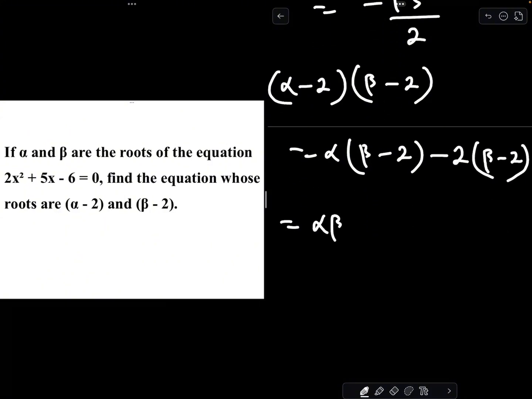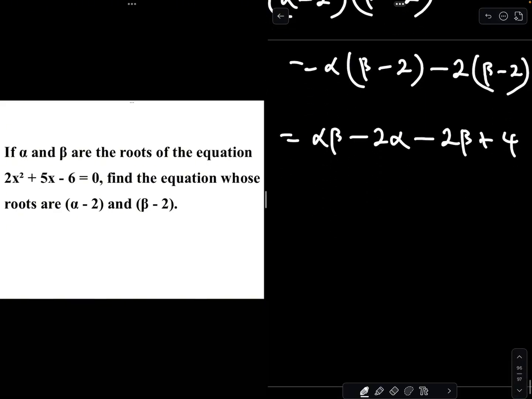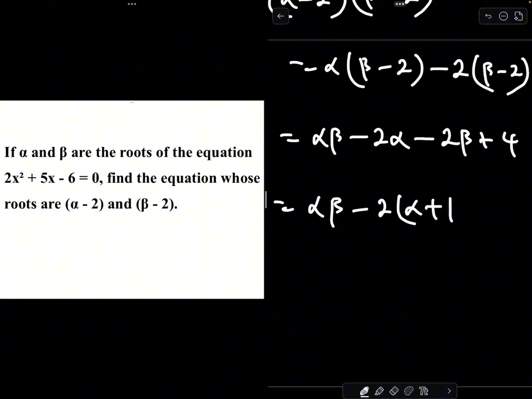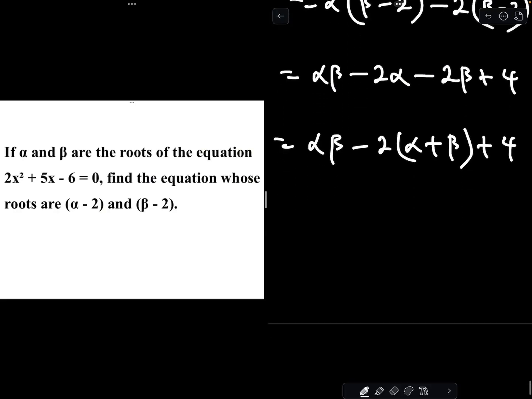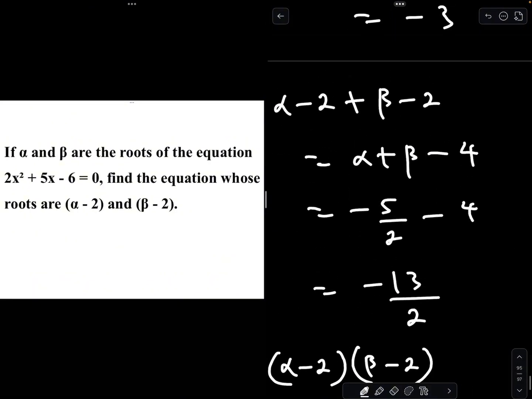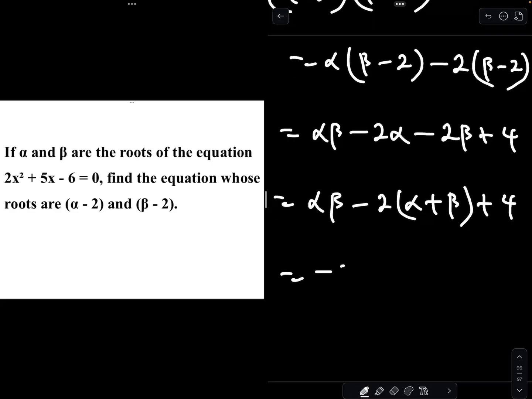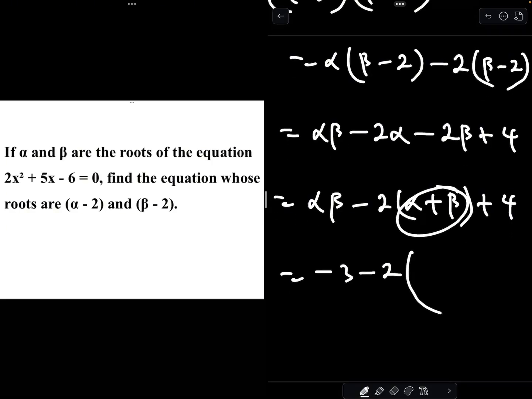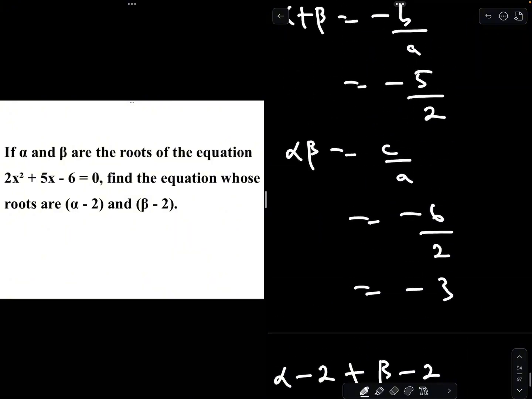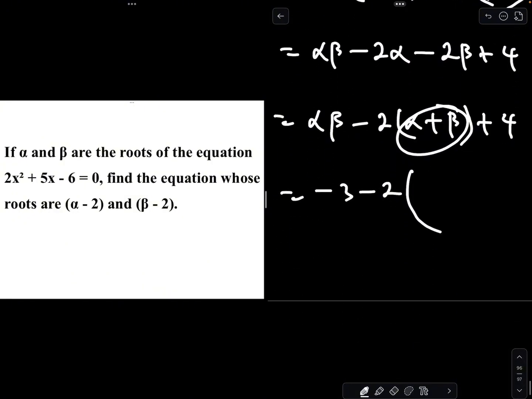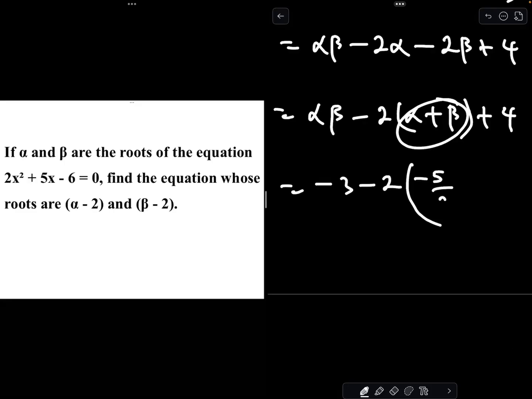And that's equal to alpha beta minus 2 alpha minus 2 beta plus 4, which is equal to alpha beta minus 2 into bracket alpha plus beta plus 4. We already know that alpha beta is minus 3. So that simply means minus 3 minus 2 into bracket minus 5 over 2 plus 4.